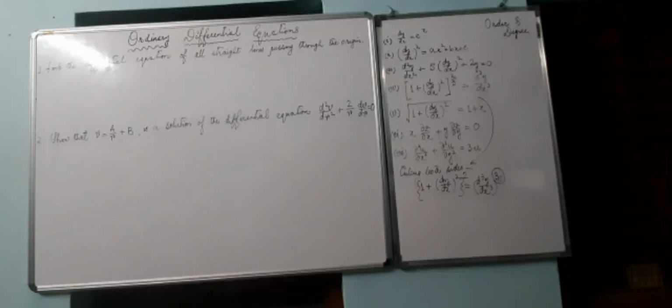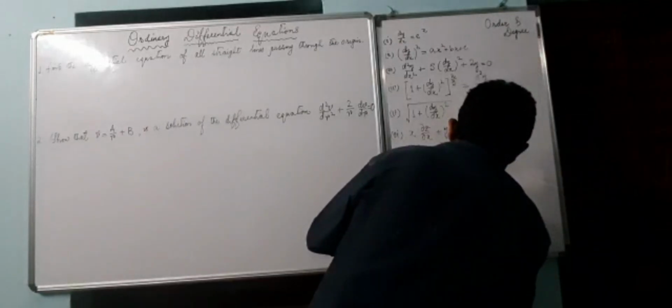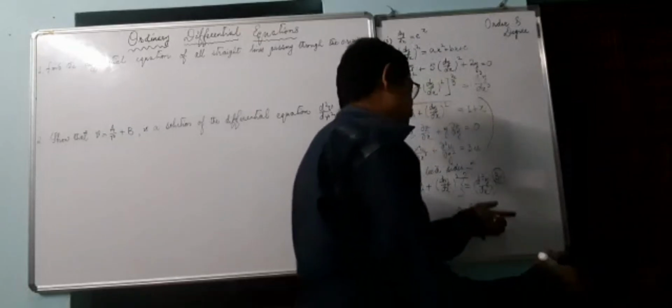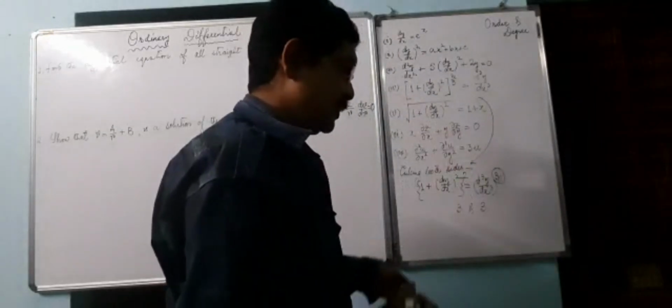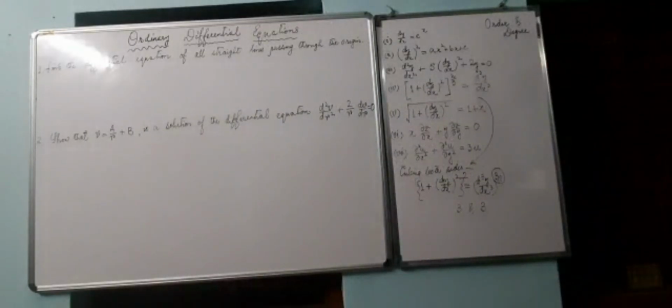Therefore the order and degree of the given differential equation are 3 and 3. The order is that of the highest derivative, and the degree is the index of this highest-order derivative.